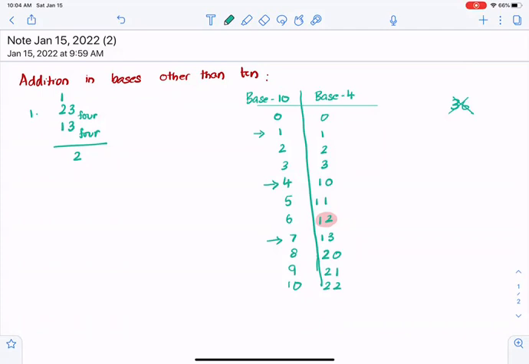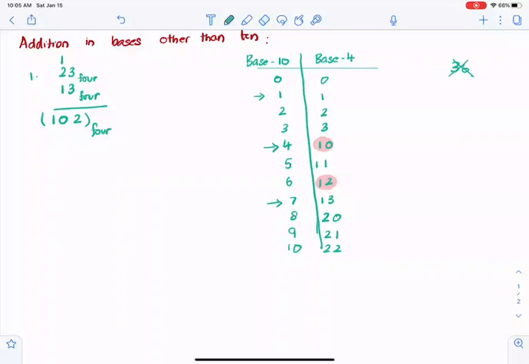But I can't have 4 because the digits have to be less than 4. So if I go back and look at my base 4 number corresponding to 4, it is 10. So we will have 10. So the answer is 102 in base 4. So when we add 23 in base 4 and 13 in base 4, we end up getting 102 in base 4.